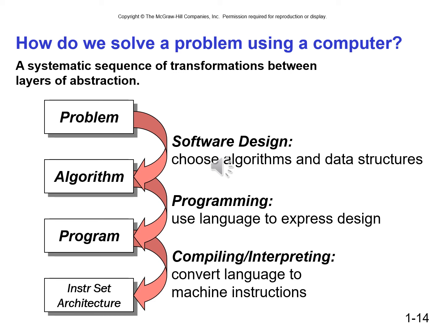So we have a problem, and so we choose specific algorithms and data structures, typically referred to as software design, translate that into an algorithm, then we express that algorithm using a programming language.